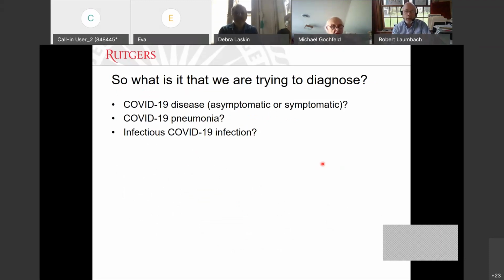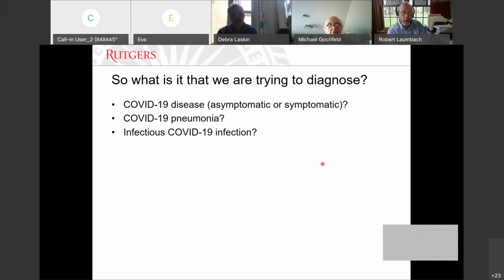Is it COVID-19 disease or infection? Whether asymptomatic or symptomatic? Because that's going to be very different, as we'll see in a moment, in terms of the diagnostic process, which usually starts first with the patient's presentation with symptoms.